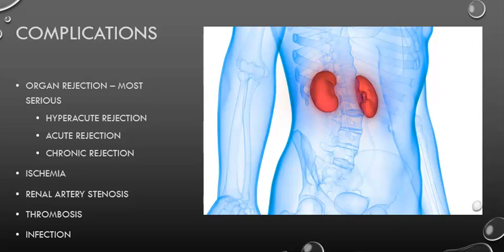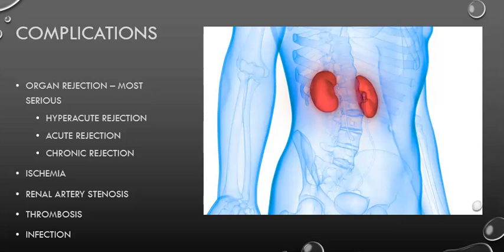Ischemia is a delay in transplanting the donor kidney after harvesting. Kidney artery stenosis, just from scarring from the surgery or from whatever caused the end-stage renal disease. Infection, of course, you always want to do your good teaching on signs and symptoms of infection.